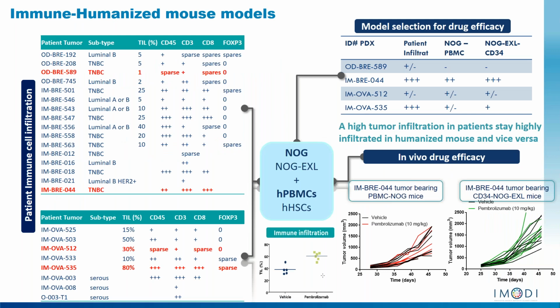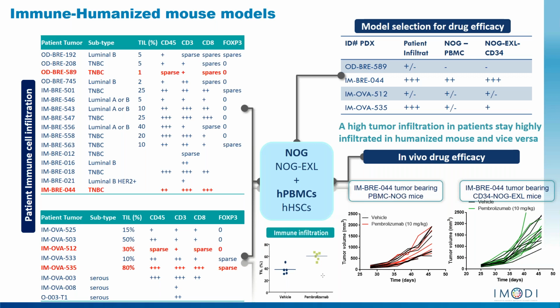So, during this presentation I spoke a lot about syngeneic and xenogeneic models, but what about the evaluation of compounds that are targeting the immune system and that are not cross-reacting with the immune target?